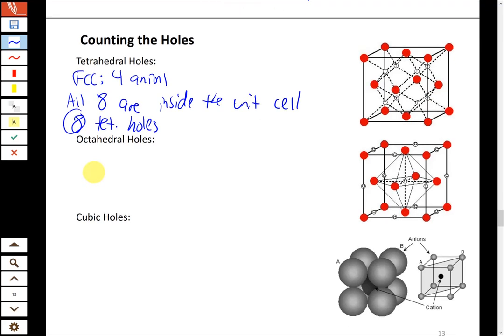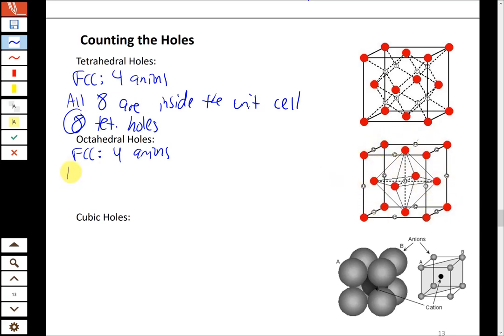For the octahedral holes, we said that those are located on the edges of the cube as well as one directly in the center. All right, so to count the octahedral holes, again, we're talking about a face-centered cubic lattice, so there's going to be 4 anions in the structure, and then how many octahedral holes would there be? So to count that, all 12 edges of the cube are occupied by an octahedral hole. 4 on the top, 4 on the bottom, 4 along the sides.